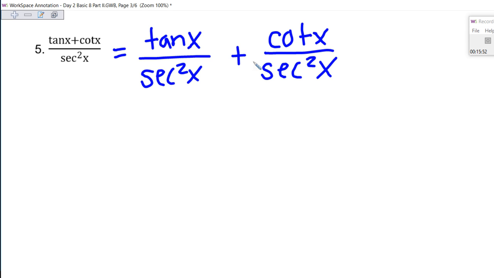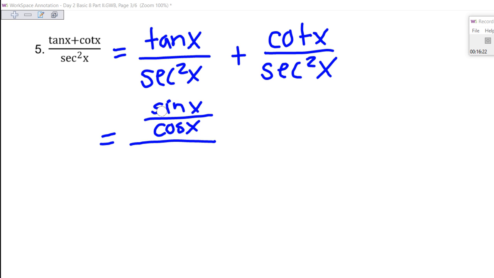Now, what do you think I should do next? Yeah, convert everything to sines and cosines. So instead of tangent, what could I use for tangent? Sine over cosine. Instead of secant squared, what could I use for secant squared? 1 over, not 1 over cosine, 1 over cosine squared.